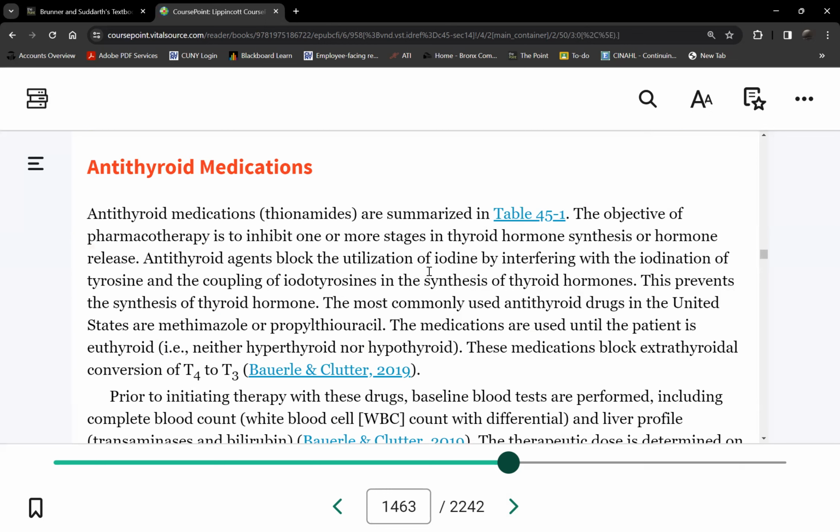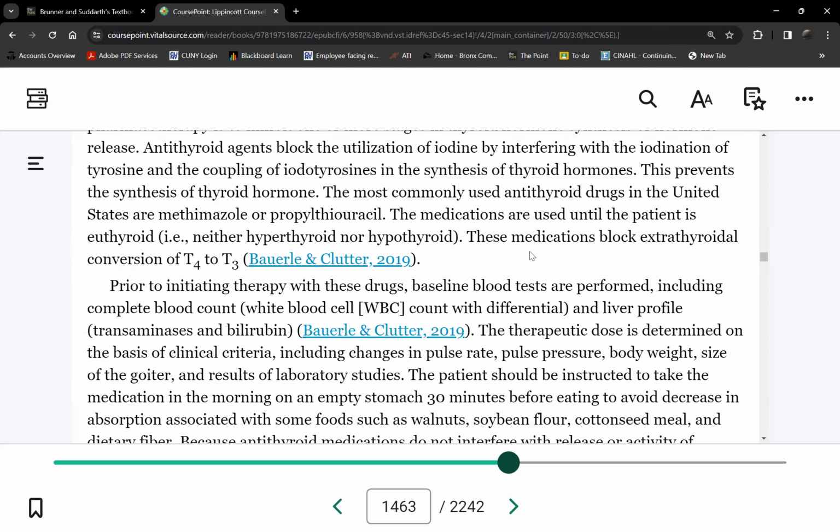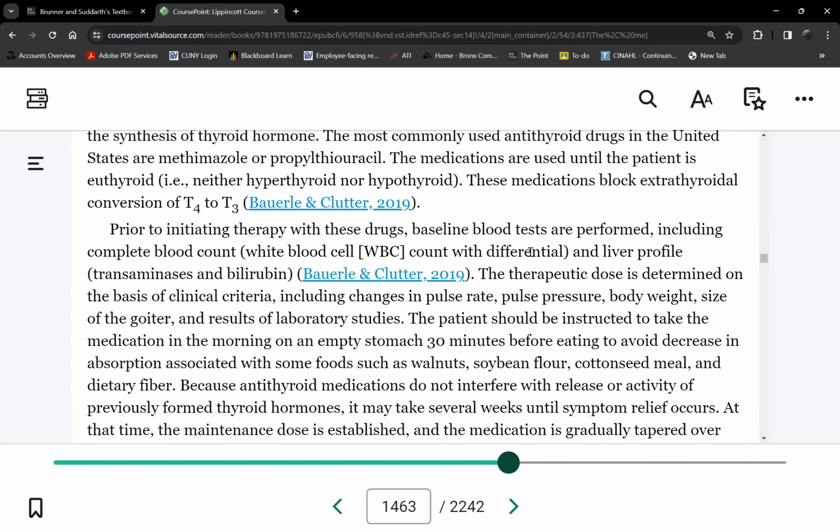Before giving any iodine preparation, including radioactive iodine, you should give an antithyroid medication first. So you either give methimazole or propylthiouracil, the short form of which is PTU. So these are your antithyroid medications.